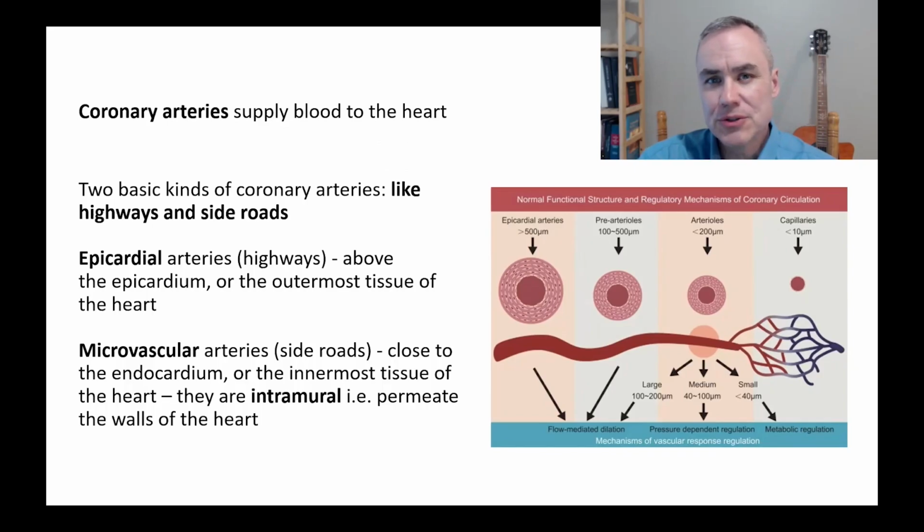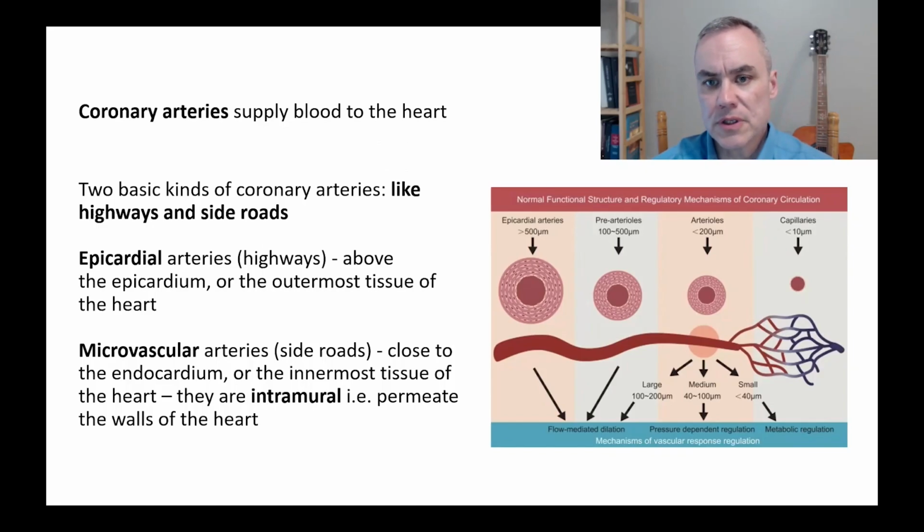They're not supposed to go into the heart per se. So in other words, there are highways that take the blood to the heart most of the way, but for the last leg of the trip, it's smaller arteries that actually deliver the blood into the heart muscle. Those smaller ones are called microvascular arteries.